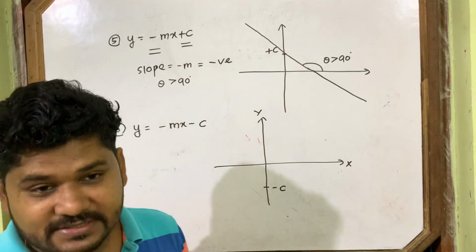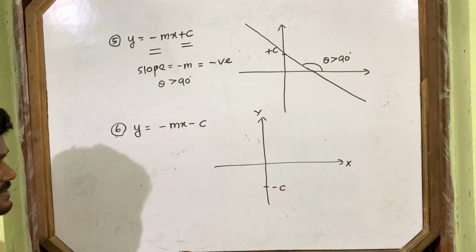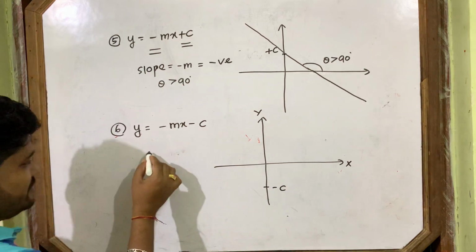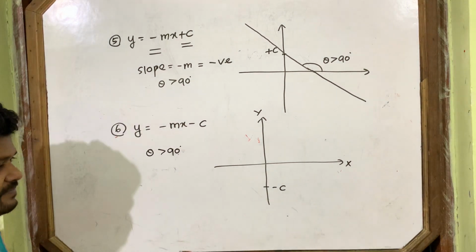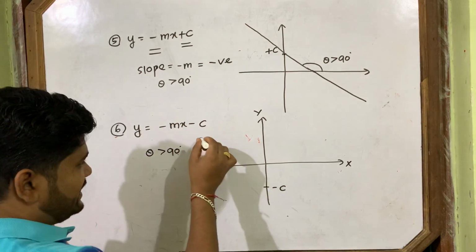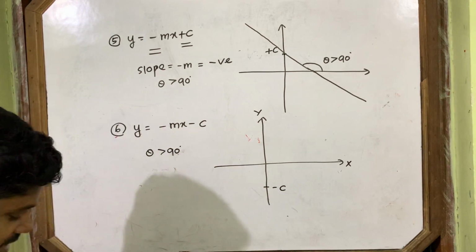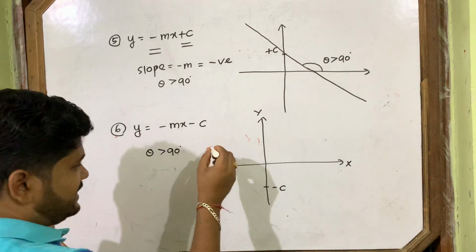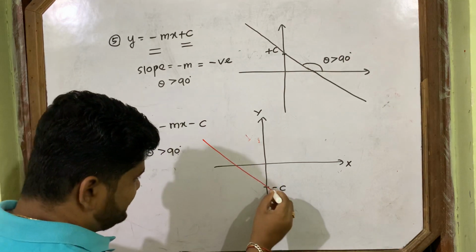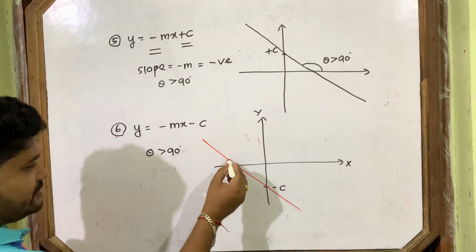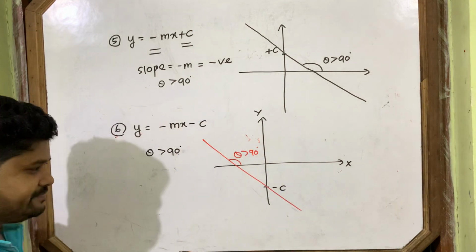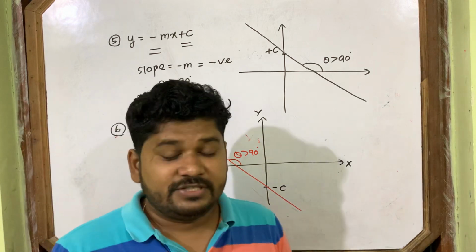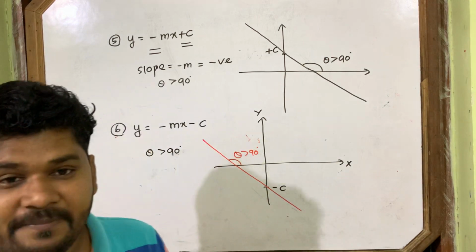Negative slope means theta is greater than 90 degrees. So the graph will be like this, with theta greater than 90 degrees. So this is the straight line graph.